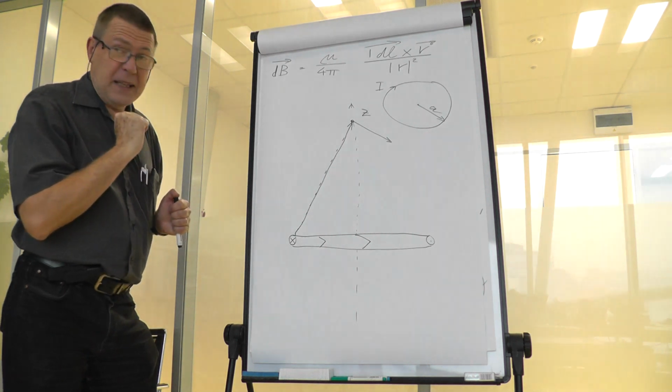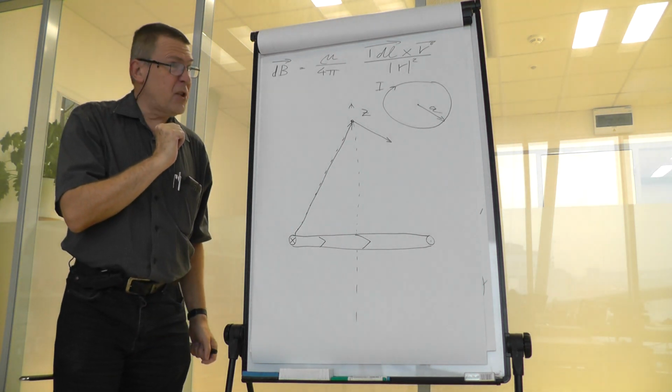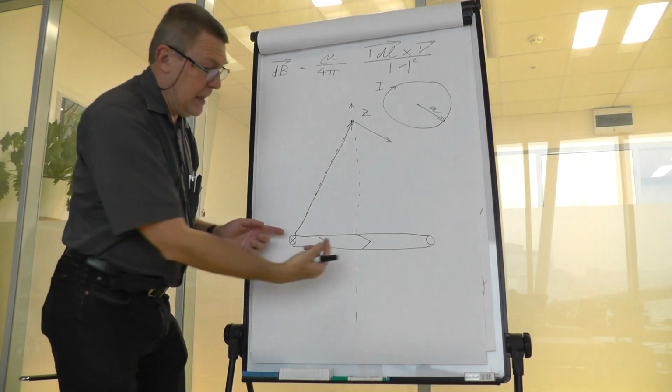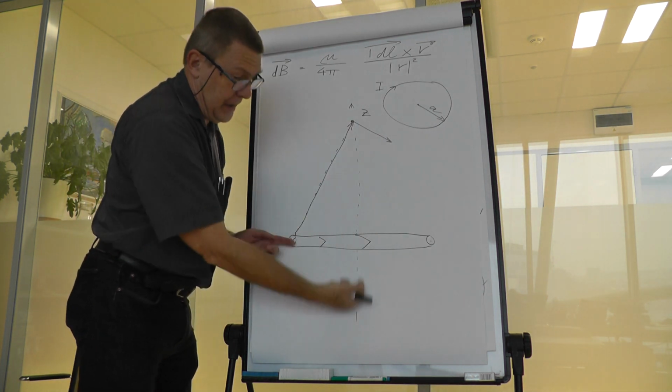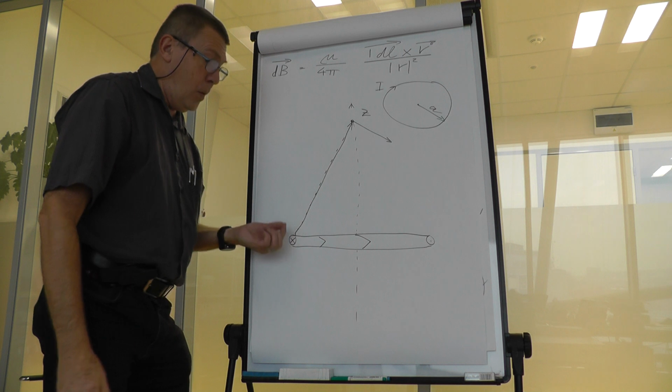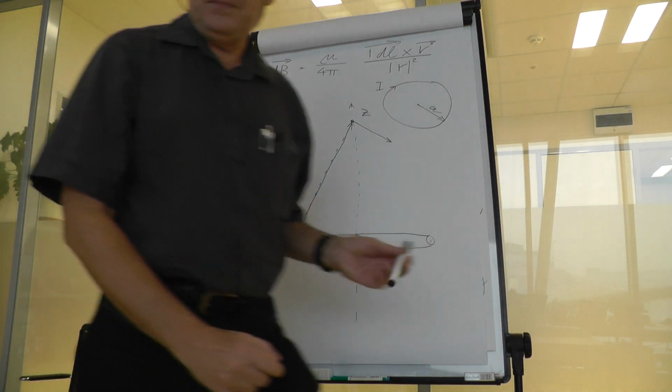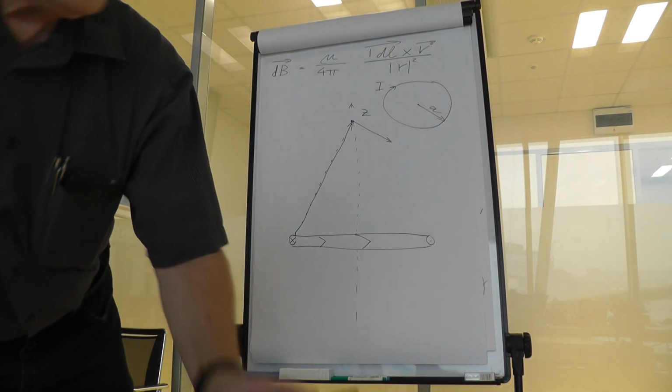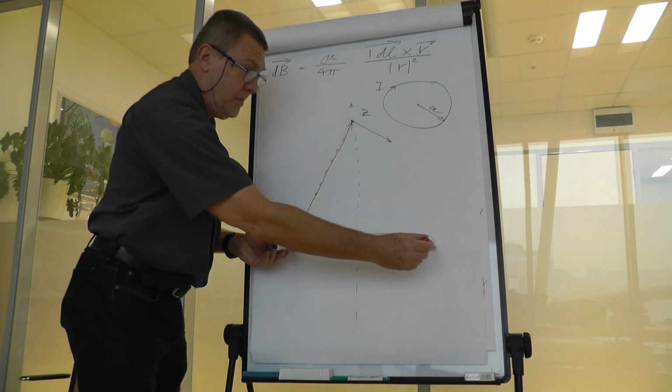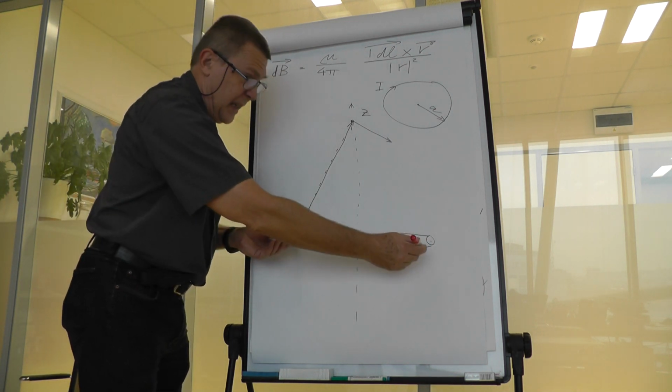But if we first think and then do the calculation, we can find out that at the axis of the ring, we can always find 2 elements that are directly opposite. One going out, one going in.